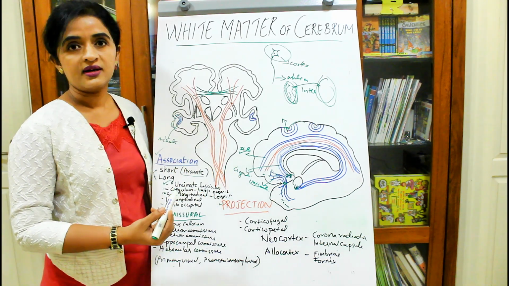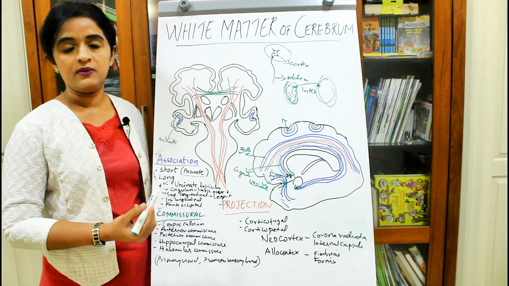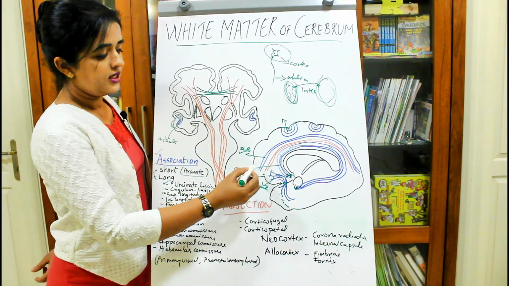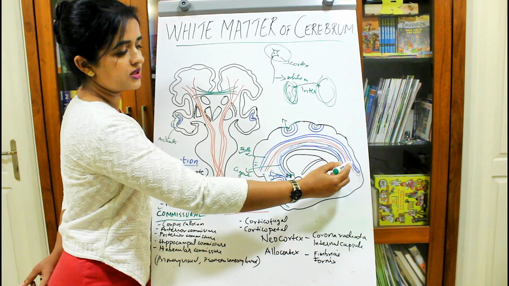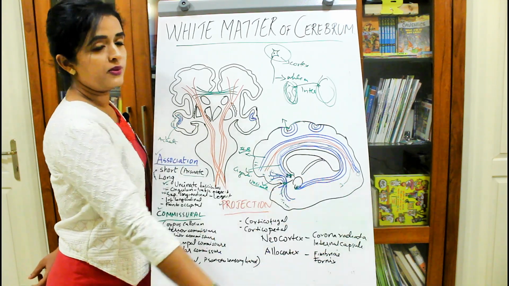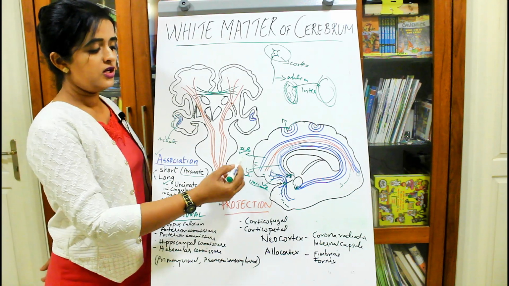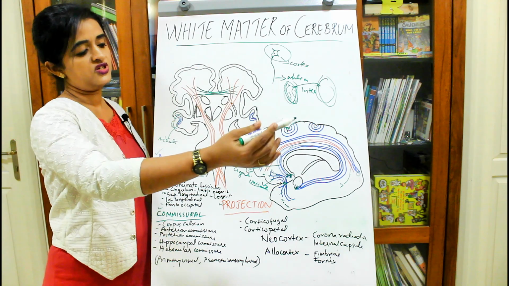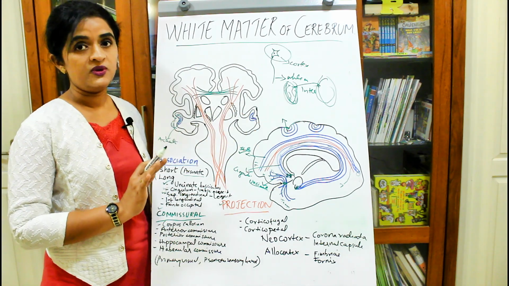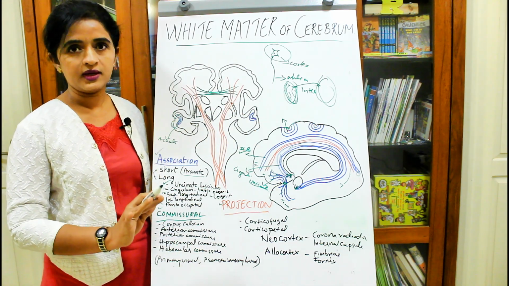Which are the regions connected by it? Here you have the frontal lobe and here you have the occipital lobe, and sometimes it will be radiating to the temporal lobe as well. So the superior longitudinal fasciculus connects the frontal lobe with the occipital and temporal lobe, and they are said to be the longest of the association fibers.